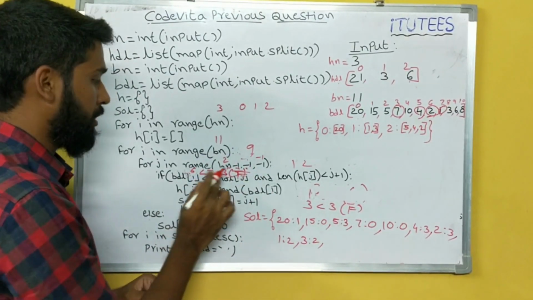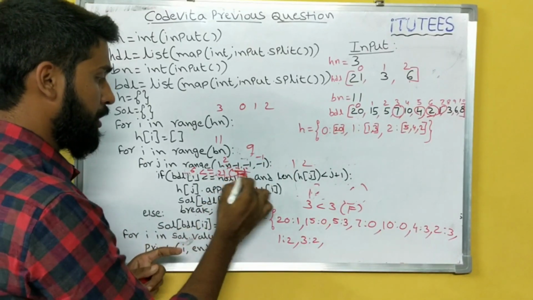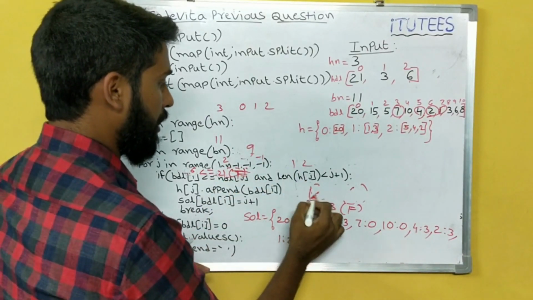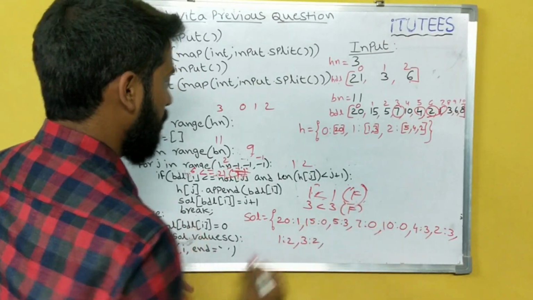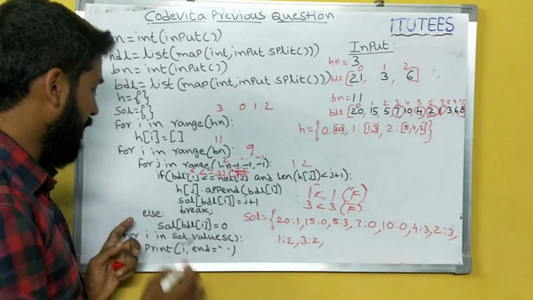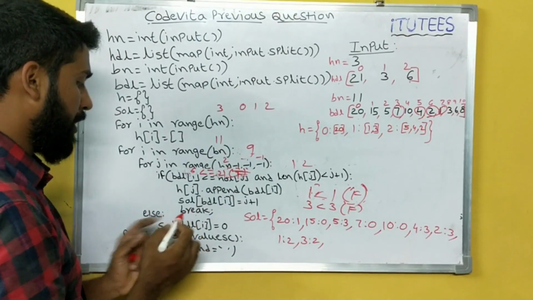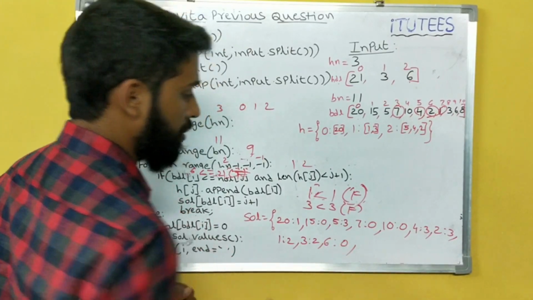Directly it is false. 6 less than or equals to 21, it is true. But here the length is 1 less than 1, so that is false. So here the break is not executed. That means the ball reaches else. So solution of BDL of I equals to 0. That means 6 colon 0.